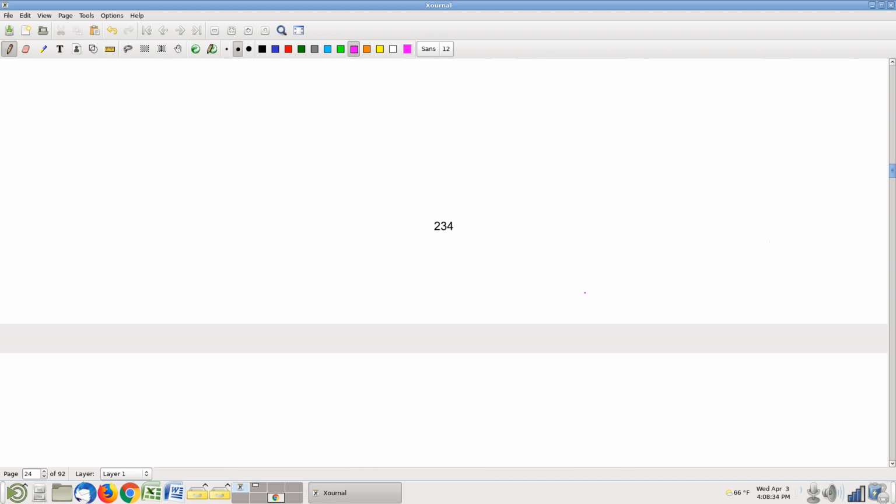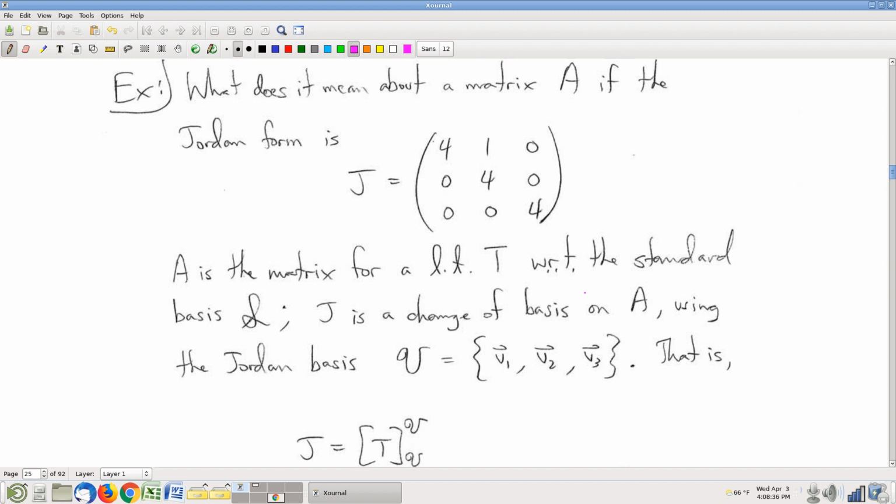Okay. Same deal here. This is really morally the identical example. Here's a Jordan form. Basic Jordan block. Basic Jordan block. First column. First vector is an eigenvector. First column of the next Jordan block is the third column.